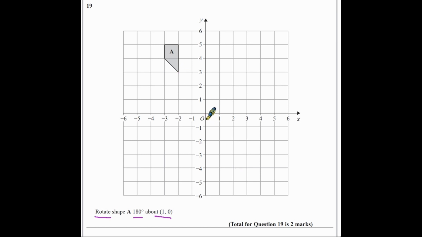We're told we're not rotating it around the middle of the graph, but at a specific point, which is 10. So it's worth marking 10 there. That is the center of our rotation. Now the way we do this is to look at points on the original shape. Let's look at this bottom corner here. If we make our way from the point of rotation 10 and we go up 1, 2, 3 and then we go left 1, 2, 3.